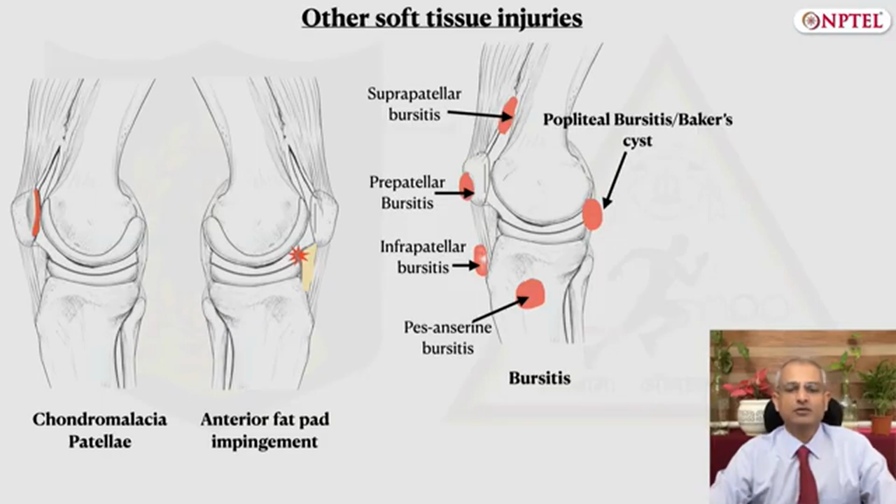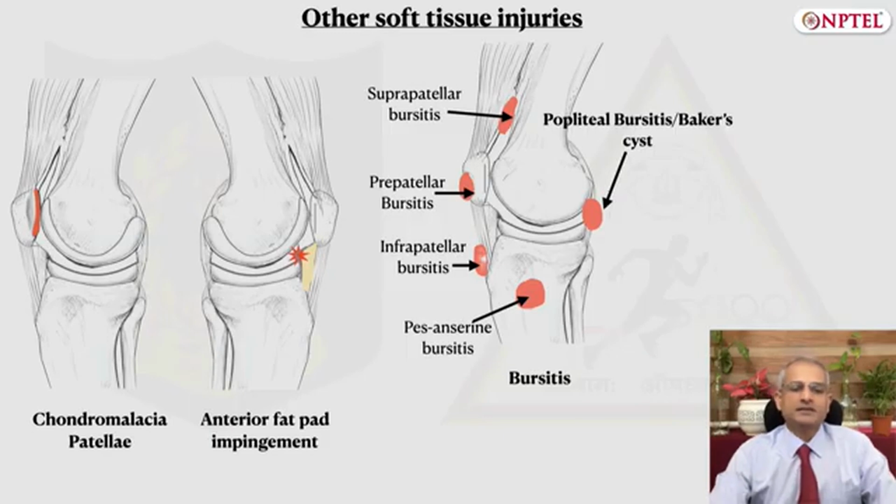This fat pad is located between the patellar tendon and the anterior aspect of the tibia. This condition may result from trauma, repetitive stress, or other structural issues, leading to inflammation, swelling, and fibrosis of the fat pad. The symptoms include anterior knee pain, especially with extension of the knee. There may be local swelling and restriction of knee movements.